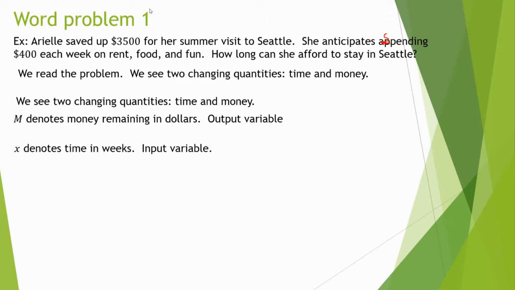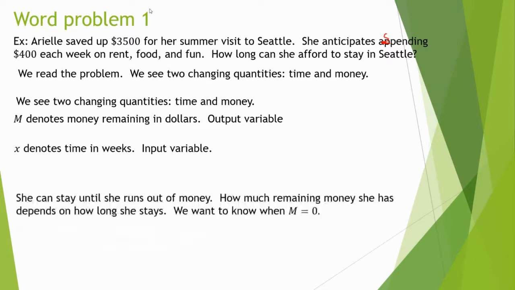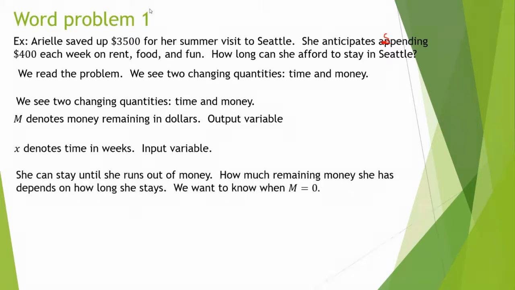So based on our notation, she can only stay until M is 0. M is how much money she has left. So we want to figure out when M is 0, and we need to get M in terms of X.